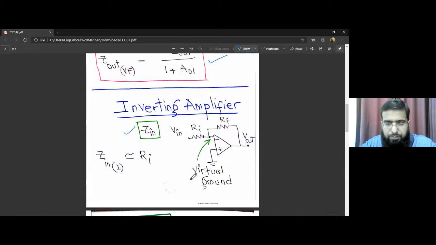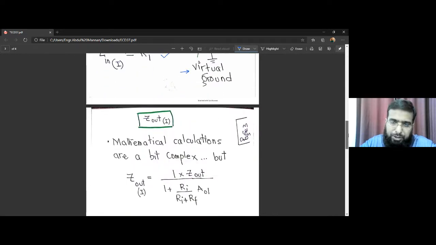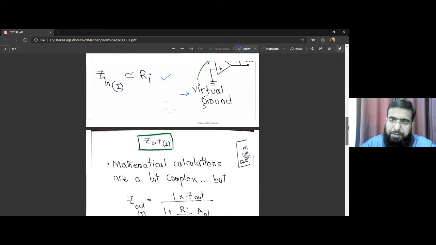We studied virtual ground in one of our previous lectures when we studied the differential amplifier. Z-in of the inverting amplifier: if this is ground, the impedance from the input terminal to ground is of course Ri. So Z-in is approximately equal to Ri. That's simple. But computing the expression for the output impedance is quite complex, so we are omitting it.